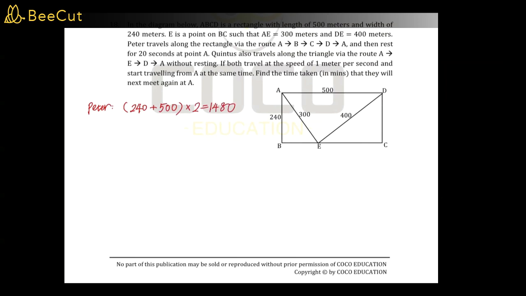Then after that, he took a 20-second rest. So 1480 plus 20. Now, of course, this is divided by 1 because it's 1 meter per second. This gives us the time 1480 seconds. So 1480 plus the 20 seconds to take a break is 1500 seconds.